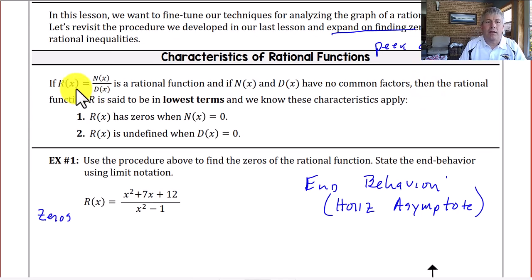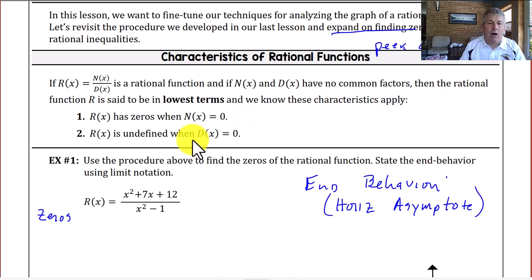Again, in review, characteristics of rational functions. If they have no common factors, then the rational function is said to be in lowest terms, and we know these characteristics apply. R of x has zeros when the numerator of x equals 0.